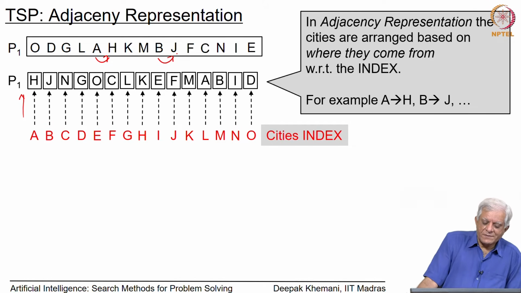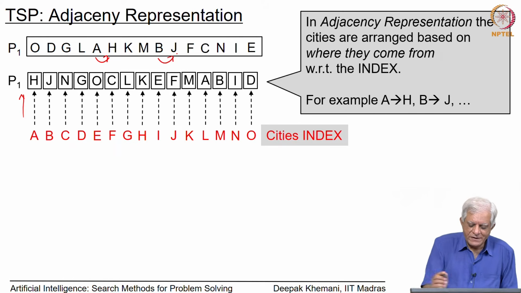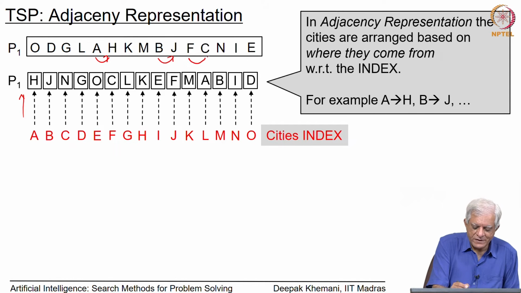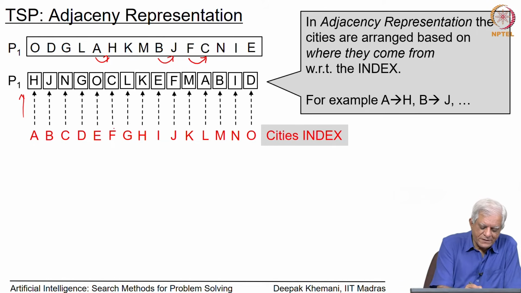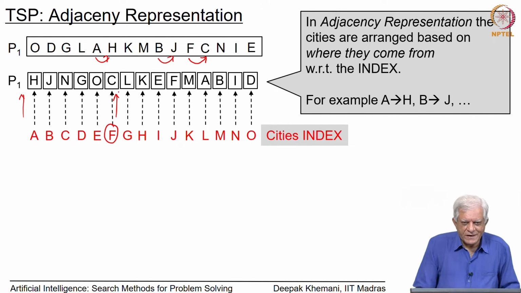For example, if you wanted to ask where in the given tour you go from F, then in the path representation you would have to scan the entire tour till you reached F, and then you would figure out that from F you go to C, whereas in the index representation you know where F is, and then you can simply figure out that you went to C. So, it becomes computationally easier to access specific edges in a tour.